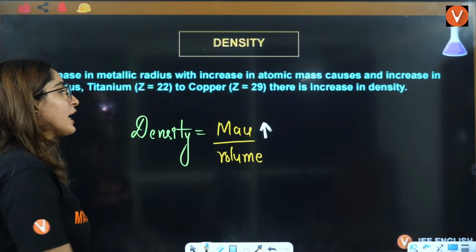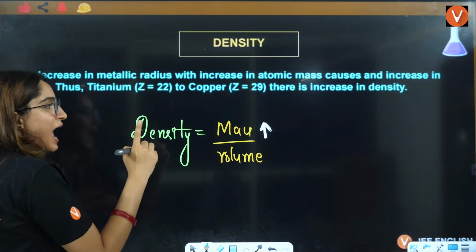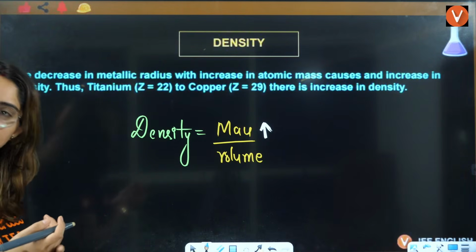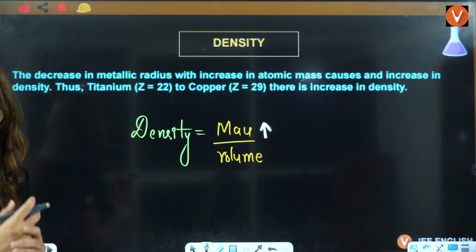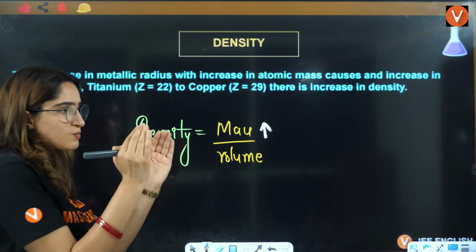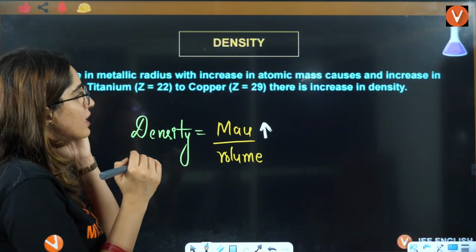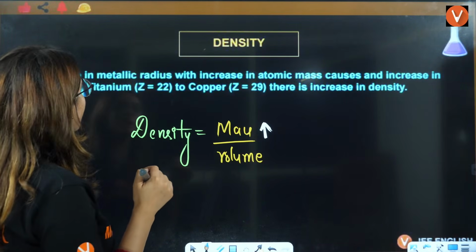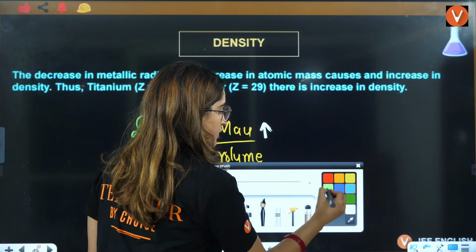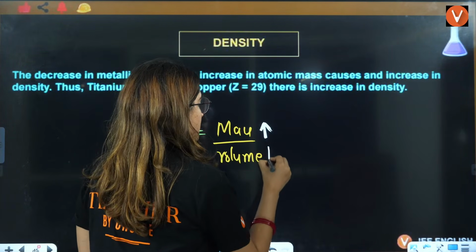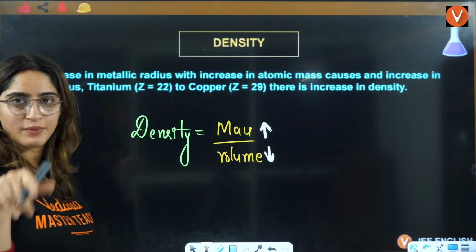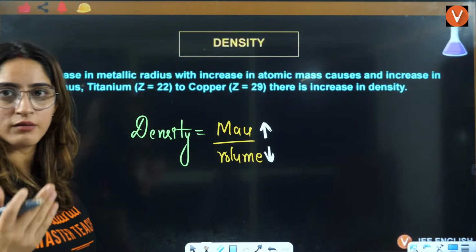Mass is increasing and radius is decreasing. Radius decreasing means the volume is also going to decrease here. Volume is decreasing because the radius is decreasing.